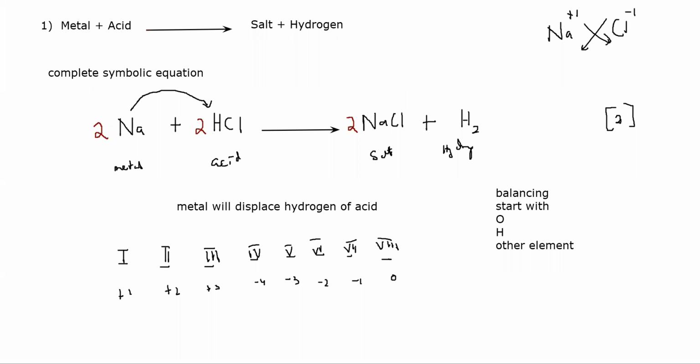We are still discussing the first reaction when a metal is reacting with acid. This is giving salt plus hydrogen, and you are completing a symbolic equation.